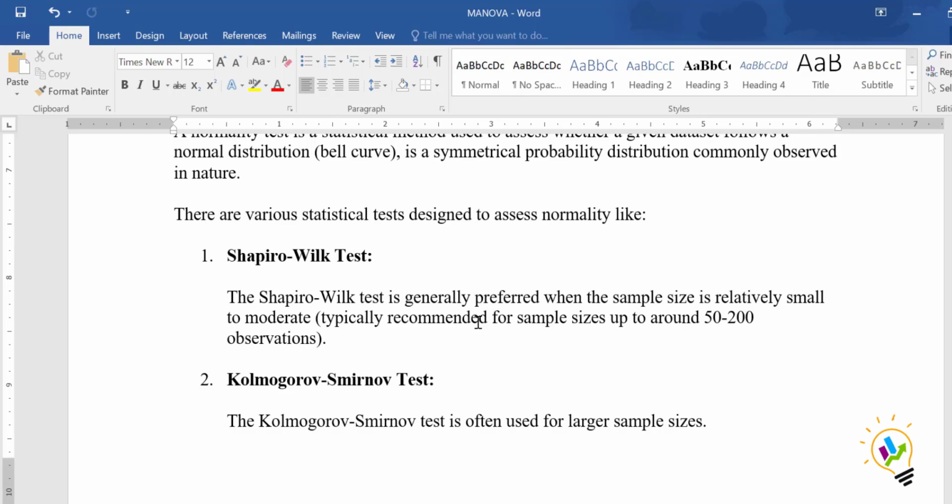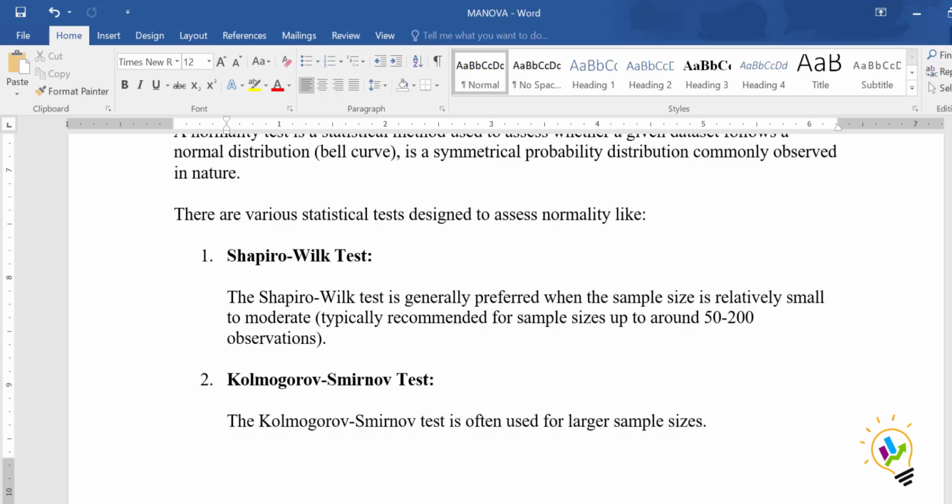If the sample size is more than 200, then we must use the Kolmogorov-Smirnov test. So it is clear: Shapiro-Wilk test is used if the sample size is below 200. If it is more than 200, that is a large sample, we are going to use the Kolmogorov-Smirnov test. I already said in our data we have 96 respondents. So we need to use the Shapiro-Wilk test to check for normality.